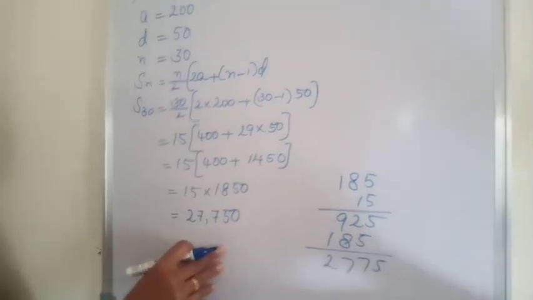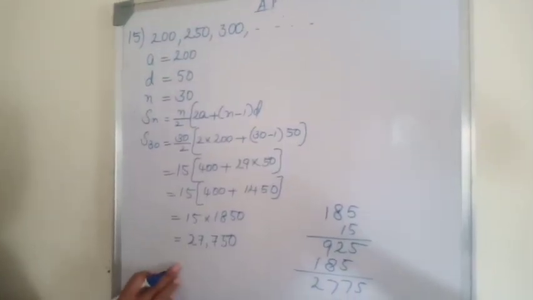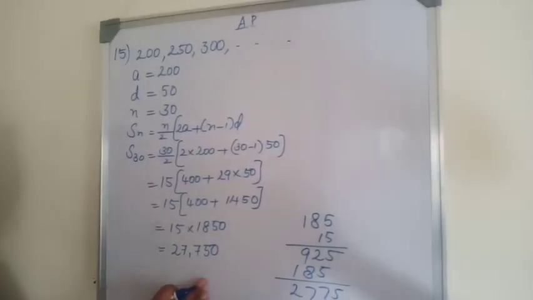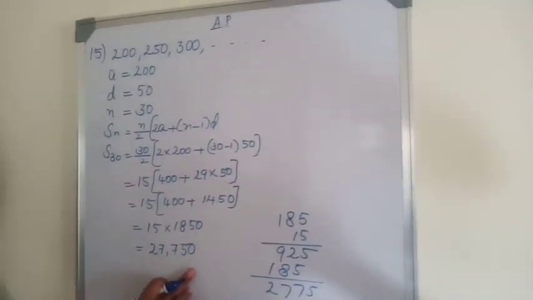So, what is the payment he has to pay after 30 days? Rupees 27,750 as penalty if he delays the work for 30 days.